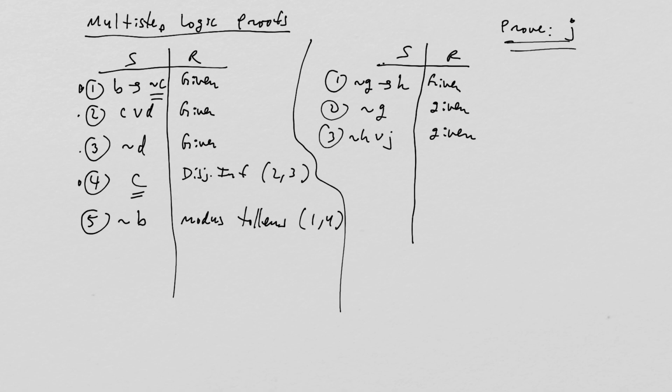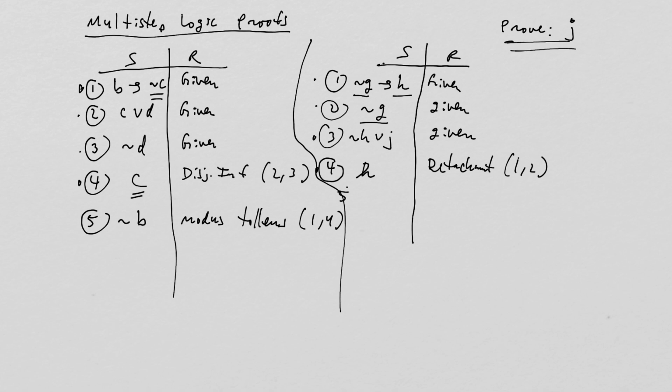The first thing I'm going to do is notice that steps 1 and 2 fit nicely for a detachment. Not G implies H, and not G is given, so I can say H. Now, 3 is an or statement, and 4 tells me about something in the or statement.